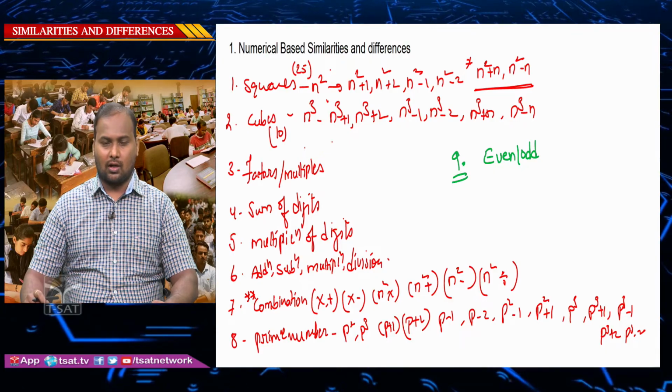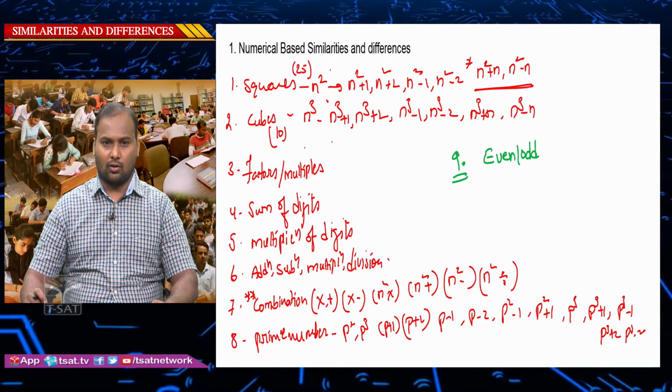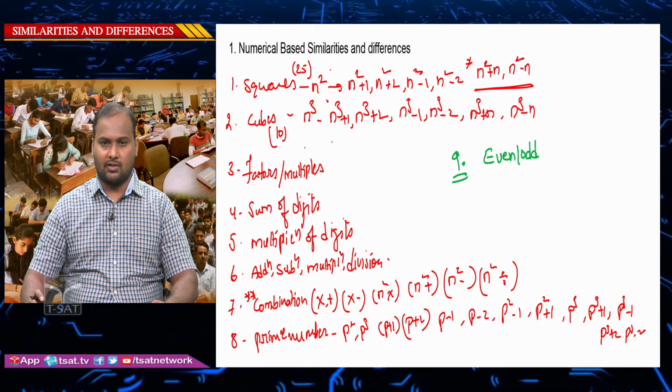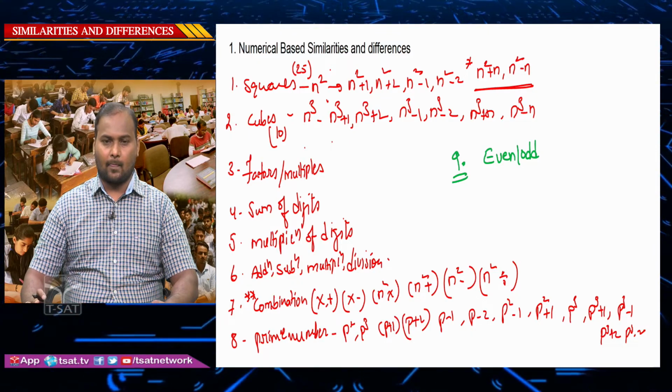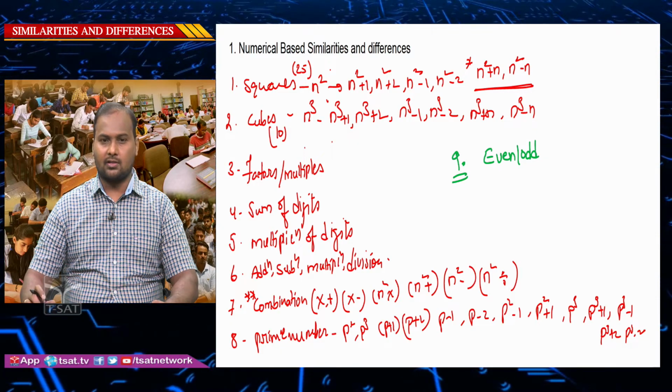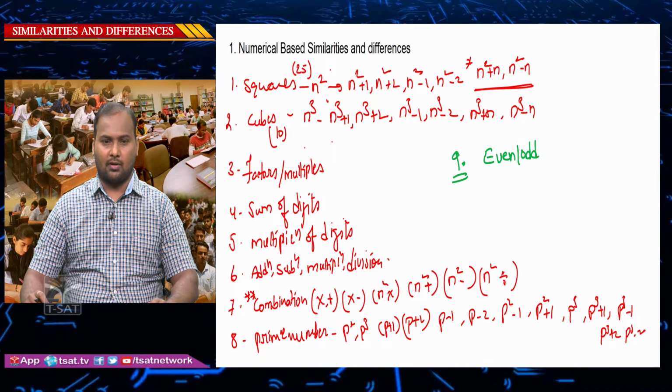For the student to answer these questions, he has to be thorough with squares, cubes, factors or multiples, sum of digits, multiplication of digits, or simple additions, subtractions, multiplications and divisions, followed by different combination questions.